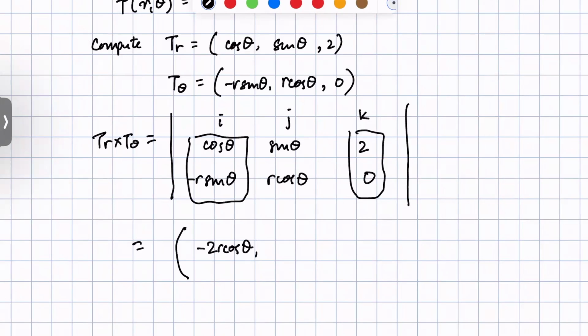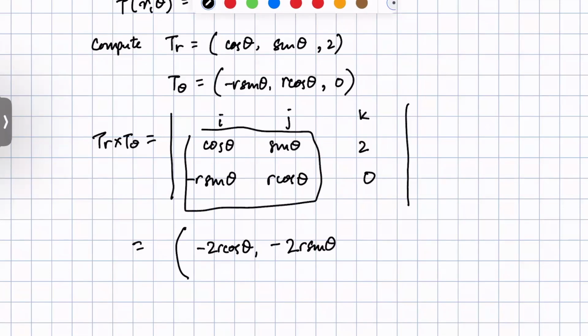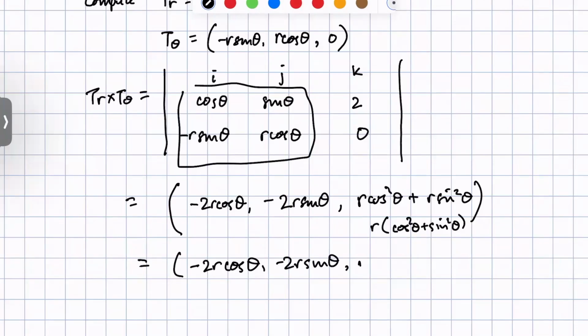The determinant is a 0 minus 2r sine theta, so positive 2r sine theta, but the j term has a minus sign attached to it, so it's minus 2r sine theta. And finally, the k term is based on this square right here. This is r cosine squared theta plus r sine squared theta. But you see that you can factor out an r, and you get 1 left over. So this is minus 2r cosine theta, minus 2r sine theta, and just plain old r at the end.